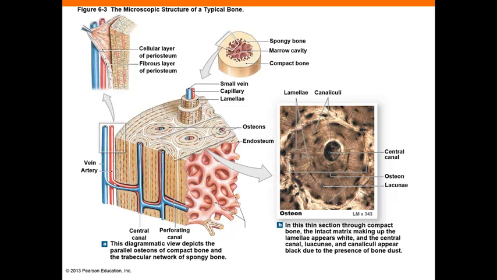Perforating channels allow for blood vessels in the central canals to be linked to other vessels. Now, spongy bone has no osteons. Instead, the lamellae are called trabeculae. So these are finger-like projections that make up the spongy bone.